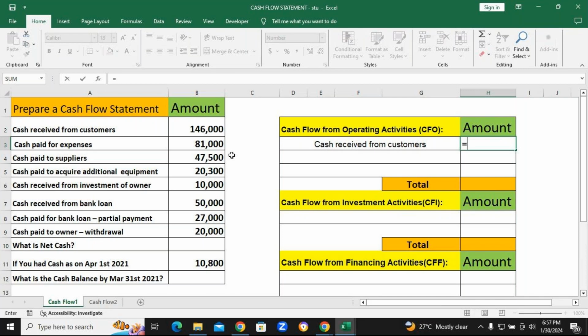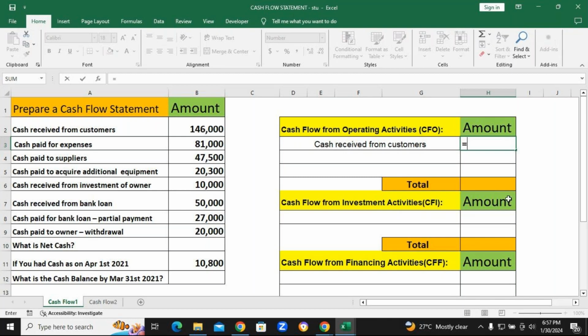And when the amount is going out of my pocket, that is the money going out of the business, it should be shown as negative. So wherever we are receiving the amount, we show the value as positive, and wherever we are paying, that is money going out of the business, we show that value as negative. Fine. So cash received from customers.